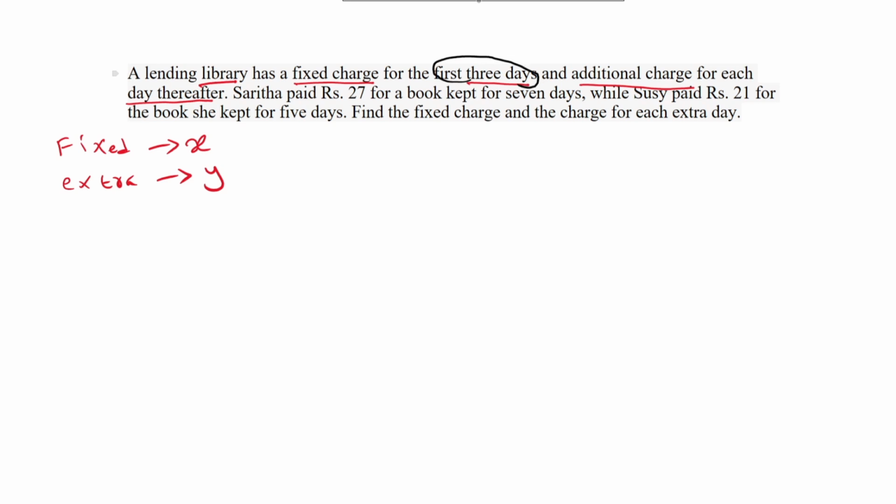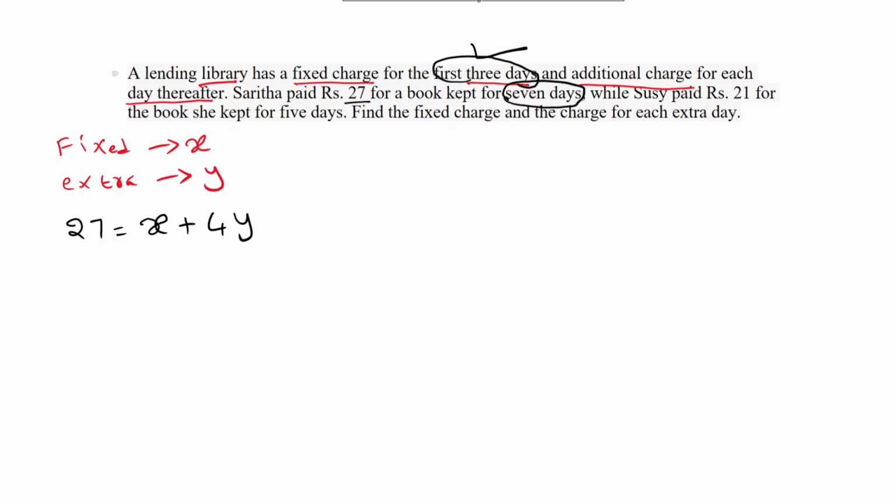Sarita paid 27 rupees, so 27 equals the fixed charge, definitely x, plus... she kept the book for the whole 7 days, right? Fixed charge is applicable for the first 3 days, so from 7 days, 3 days were already completed. Remaining is 4 days, so you multiply 4 with each extra day, so 4y. So the first equation is 27 equals x plus 4y, or x plus 4y equals 27.